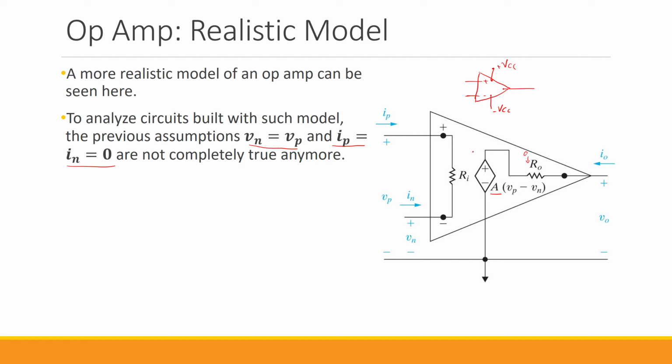For any circuit that you have, you can use this model as well and come up with a more accurate equation for the gain. But of course, since in this model we have these additional resistors that we usually don't account for in the simplistic model, and also a voltage controlled voltage source, the calculation is going to be a bit more complicated than what we already discussed.